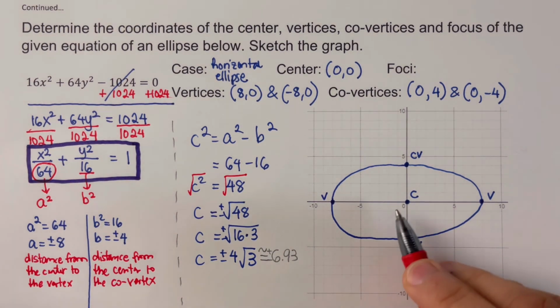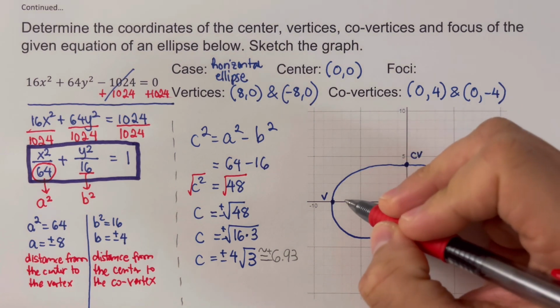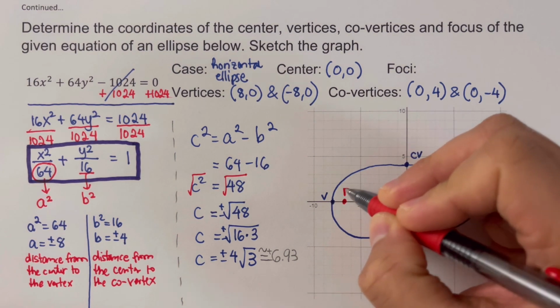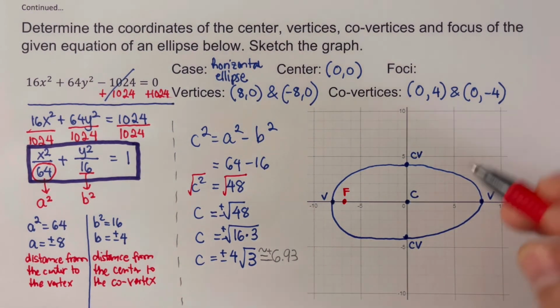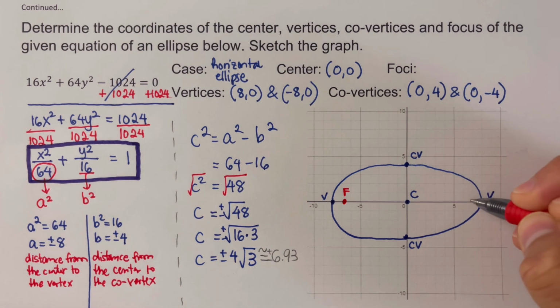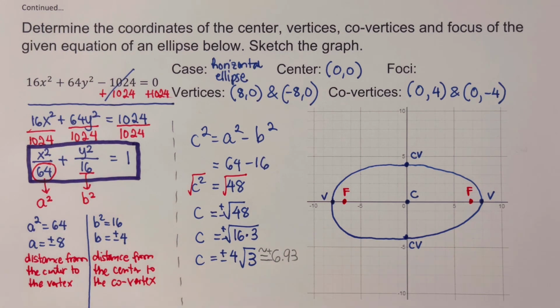So I'm going to count 6.93 right here, almost 7. This is the first focus. And then the other focus is 6.93, almost 7, and that's the other focus right here. That's the reason why we have a plus and minus. So then I'm going to write the coordinates of these two foci up here.